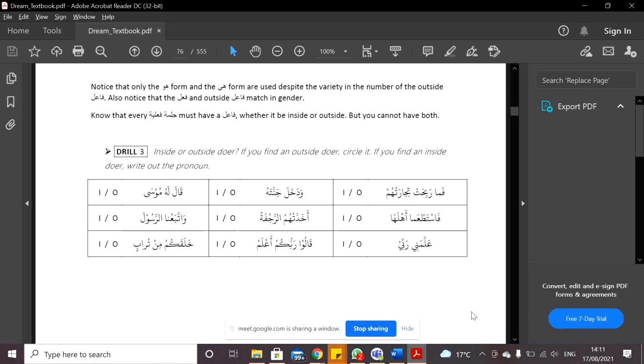Some endings can be confusing, like nahnu is na, and then you have nasarna. But inshallah, when you remember the chart, it will be easy to identify between the attached pronoun, like the maf'ul, and the fail inside the word, right?